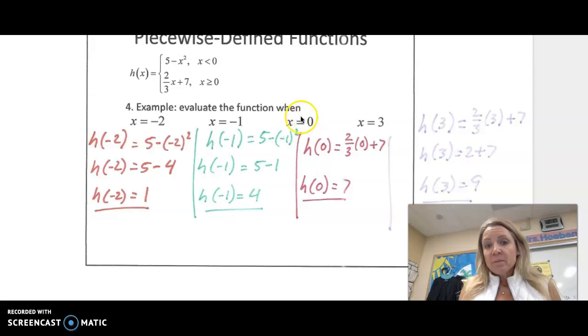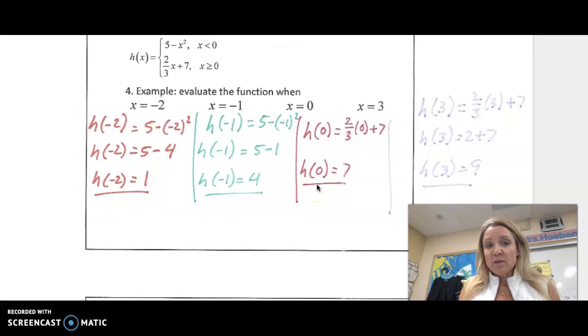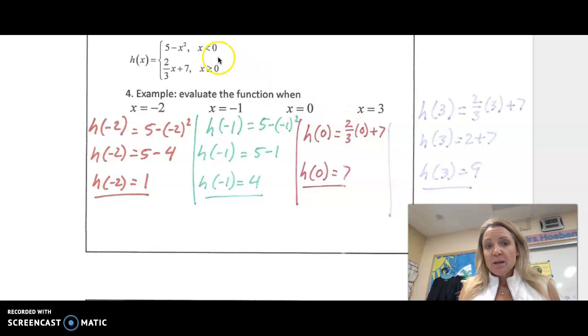The third number they want us to plug in is 0. Now 0 is here and here. We want it equal to 0, so we actually have to use this second piecewise function. So we're going to plug it into this second expression, and we're going to have 2/3 times the 0 plus 7.